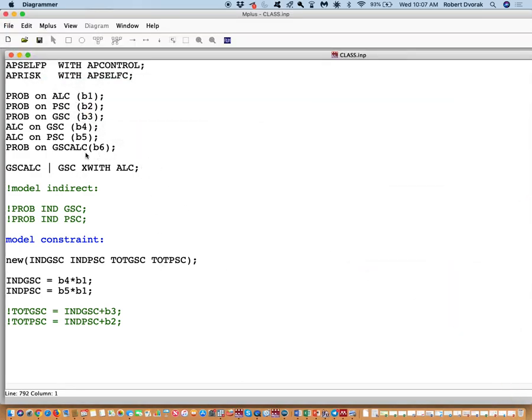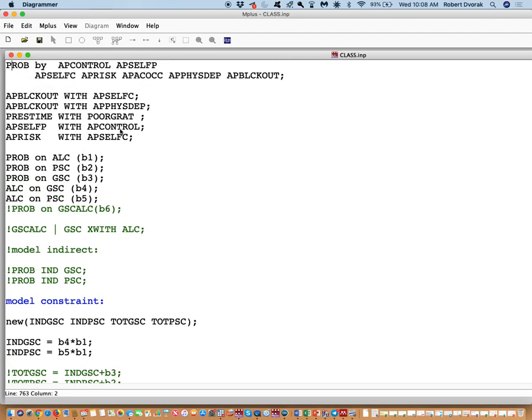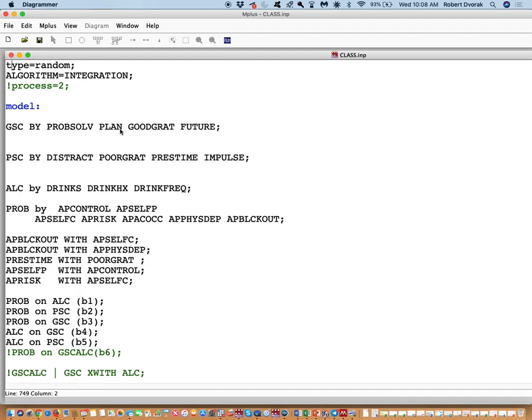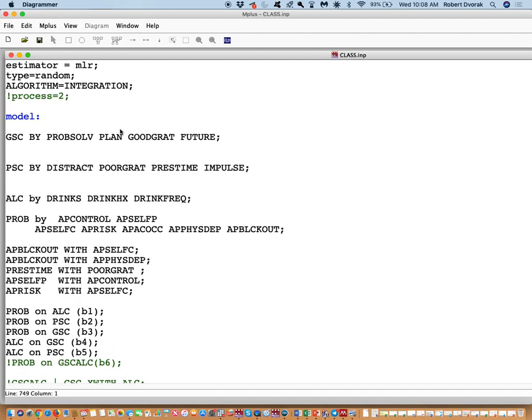Now, let's do something else before we go any further. Let's comment out our latent variable interaction, okay? And then let's also scroll up and comment out type equals random, algorithm equals integration.